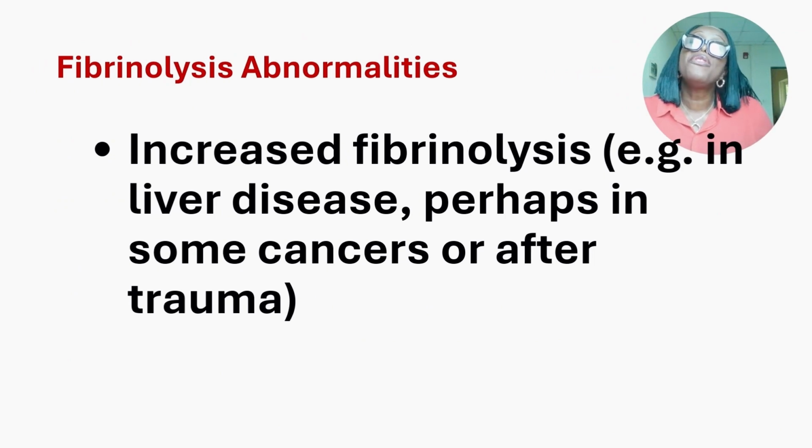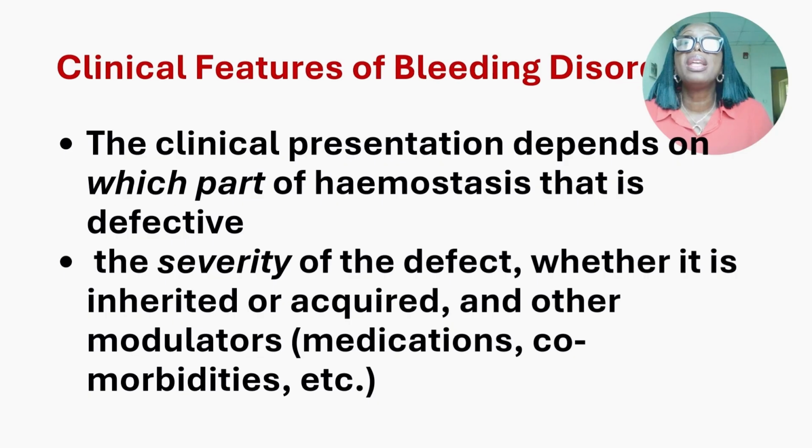Now we have fibrinolysis abnormalities, abnormalities that have to do with the fibrinolytic system. We have increased fibrinolysis, for example in liver disease, perhaps in some cancers, or after trauma, where you have excessive breakdown of clot. Now, clinical features of bleeding disorders. The clinical presentation actually depends on which part of hemostasis is defective.